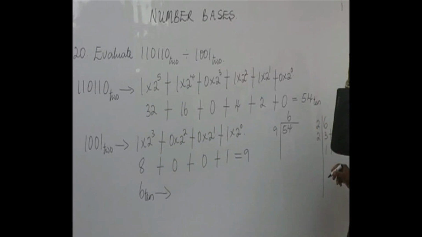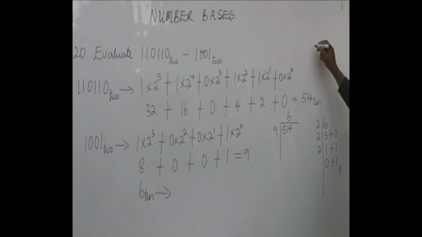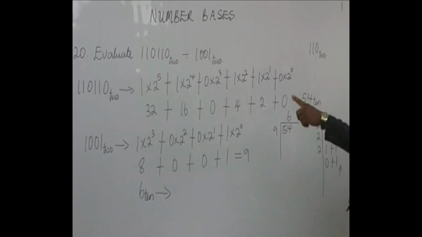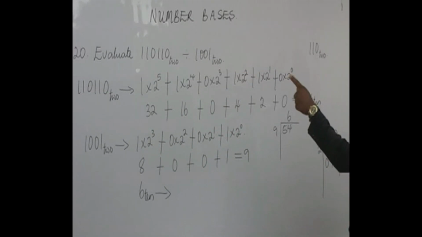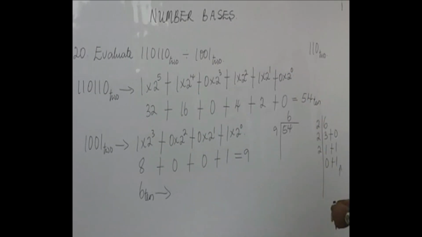So write plus 1, remainder. 2 divides 1 is 0, plus the 1. Take your numbers in this order. So we are going to have 110 base 2. That means 110110 base 2 divided by 1001 base 2 gives us 110 base 2.